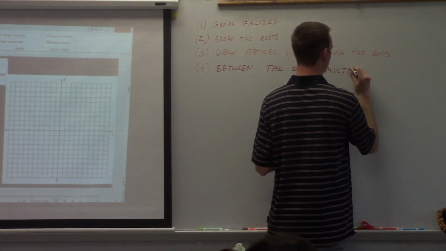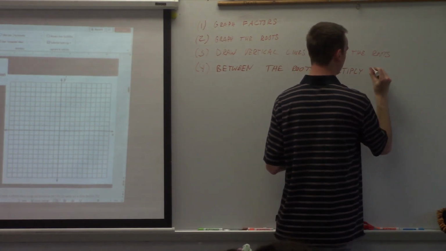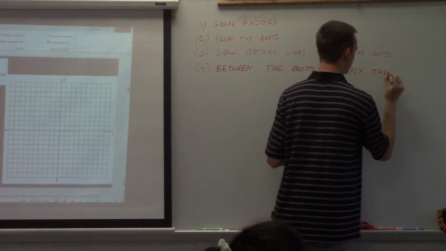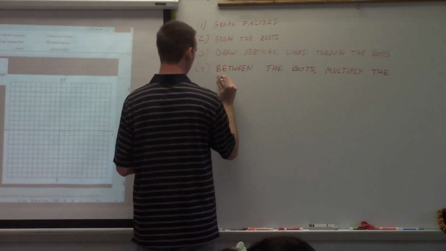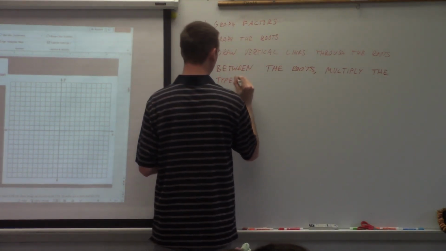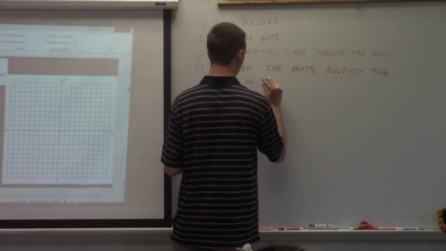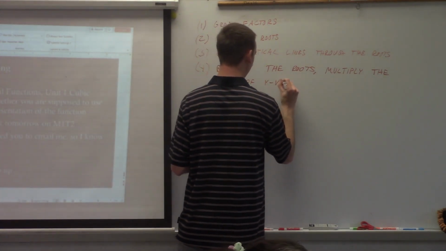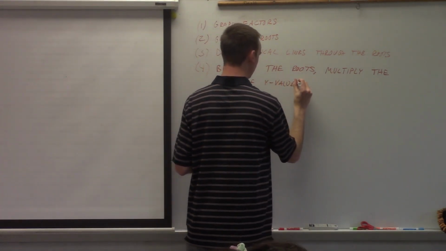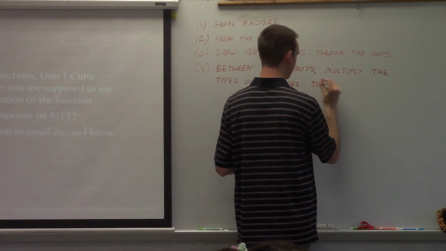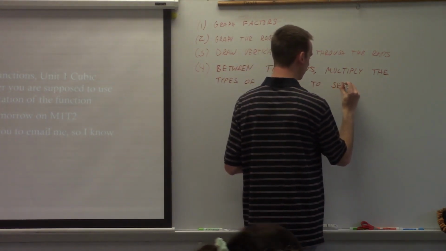So whether the y value is what or what? Positive or negative, right? So you're multiplying the types of y values to figure out if the dilated function is positive or negative, because that's a lot of words. Let's figure out if it's positive. Okay. That's the time.